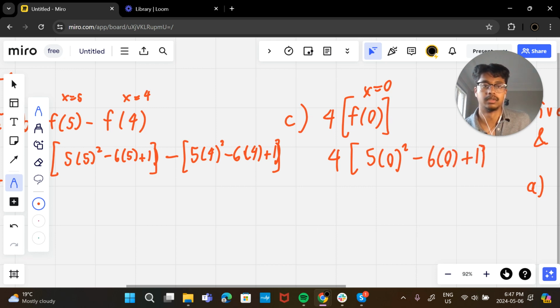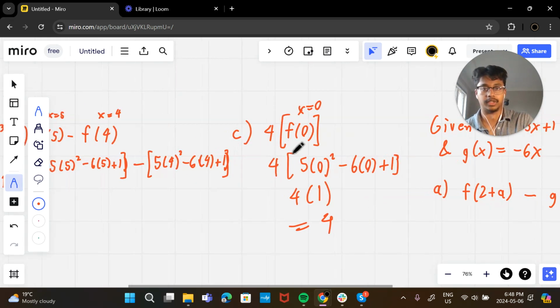I think this would be equal to just 1, and then 1 times 4 times 1. I just want to get the idea across that you can also have a multiplication of whatever this function is equal to at x equals 0. You'd have to do whatever's in brackets first, obviously, and then you multiply by 4.